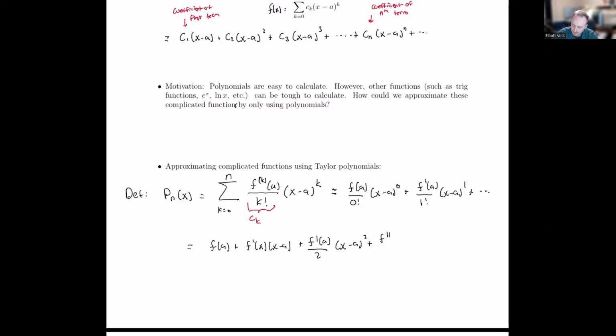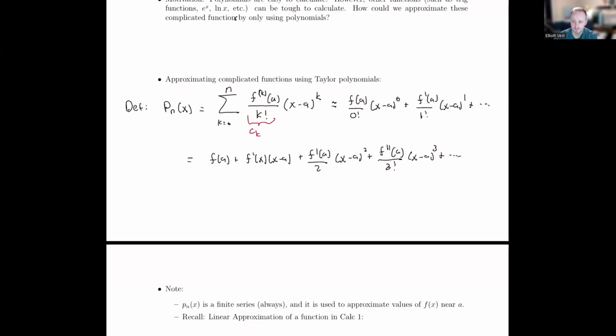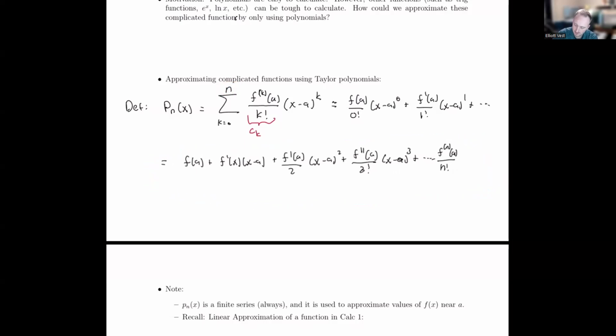I'll write one more: f triple prime of a over 3 factorial times x minus a cubed, and so on and so forth, like so. Because we're going from k equals 0 to n, I'm going to have this terminate, right? And it would just terminate at whatever that nth derivative at a is, over n factorial, times x minus a to the n.